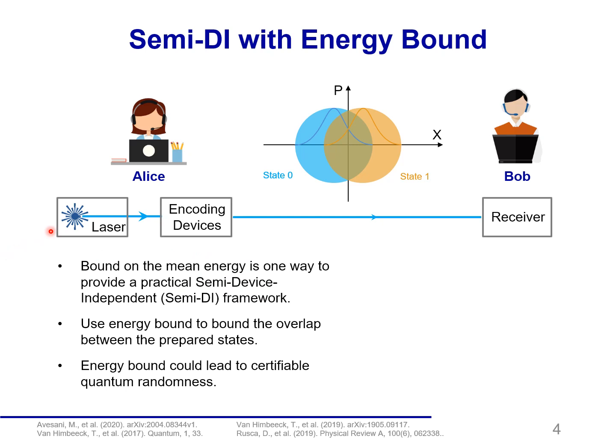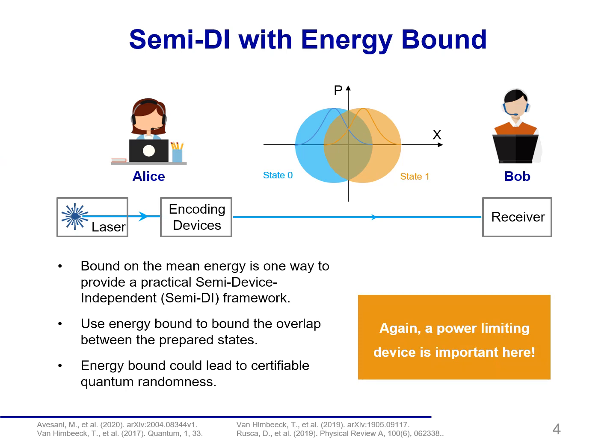And here we can bound the overlap between state 0 and state 1 in a BPSK scheme by bounding the mean energy, which is basically the distance between those two states. So the certifiable inherent randomness comes from the minimal overlap here. Again, a power limiting device is very important here.